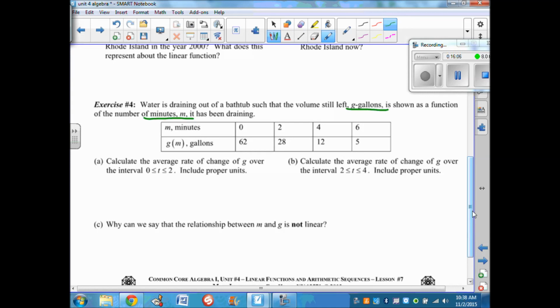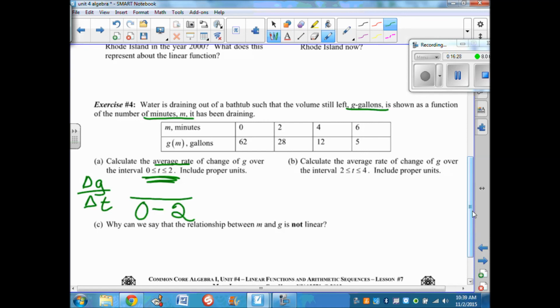Calculate the average rate of change of G over the interval. So they're giving us our time, and then make sure we include our proper units. So 0 minus 2 is my change in time. Okay? So we've got a change in gallons over the change in time.